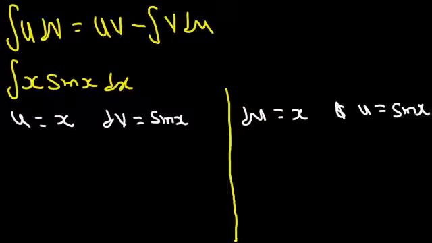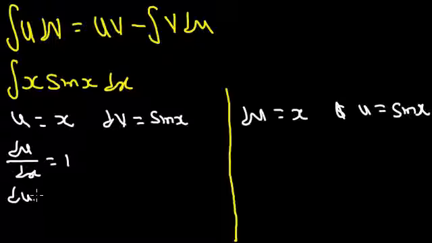Now we need the value of du and also the value of v. We get du by differentiating: du/dx is simply 1, which means du is equal to dx. Also, we have dv equal to sine x dx.